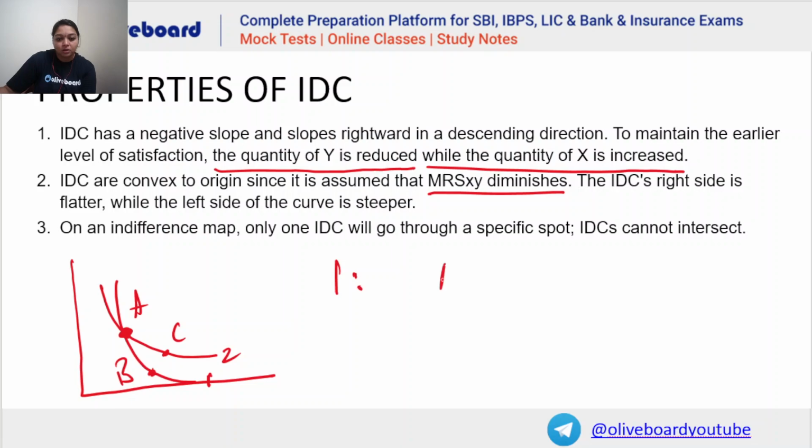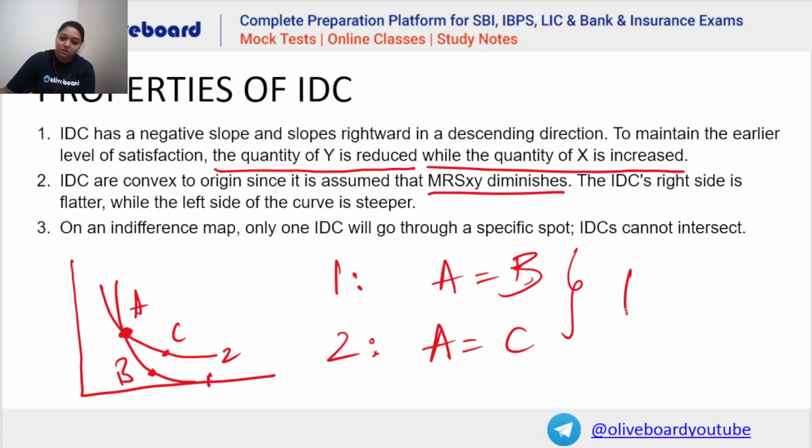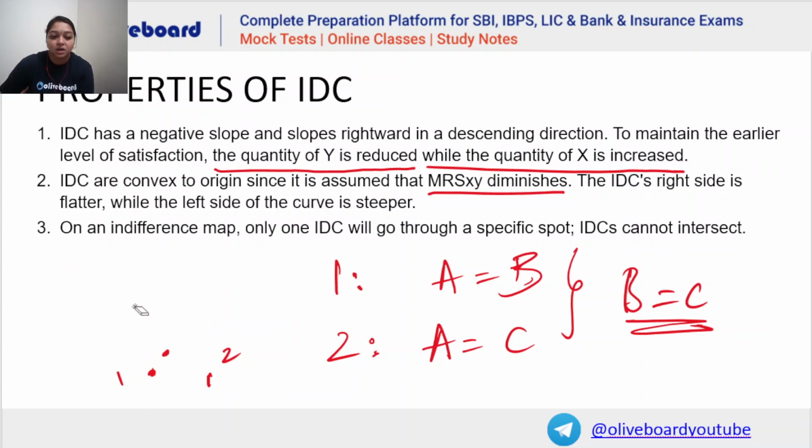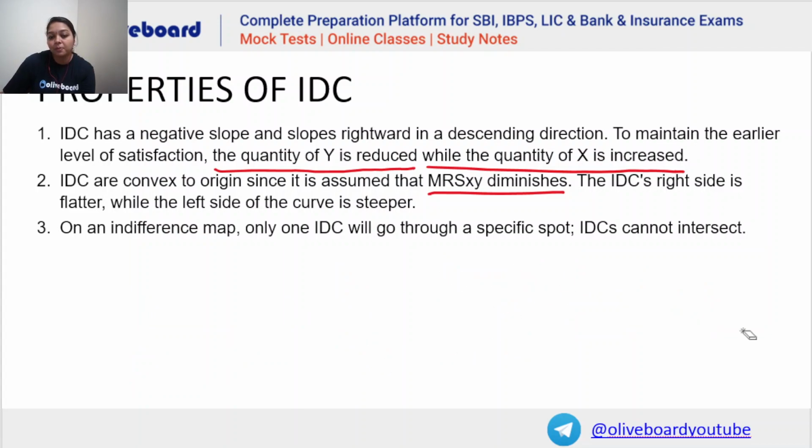In curve 1, A should be equal to B in level of satisfaction. Similarly, in curve 2, A should be equal to C in level of satisfaction. Then following these two, because A equals B and A equals C, B should be equal to C in level of satisfaction. But is that the case? It is not the case, because B and C lie on different indifference curves. So when we say indifference curve or indifference map, you need to understand that two indifference curves cannot intersect.